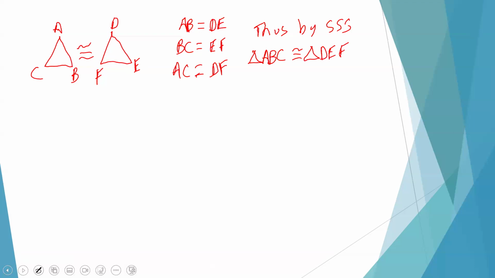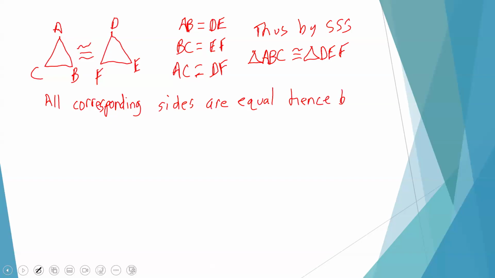I would say something like all corresponding sides are equal, and by side, side, side, these triangles, you should probably write that out, are said to be congruent.